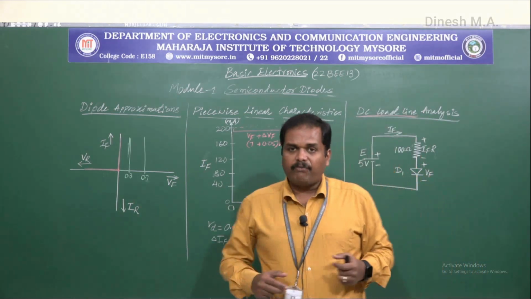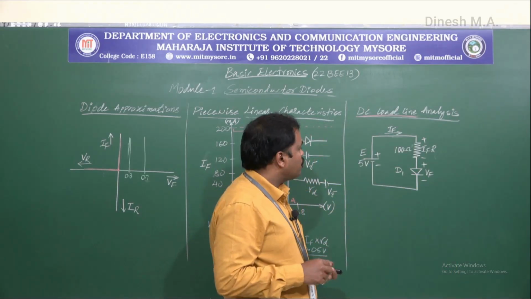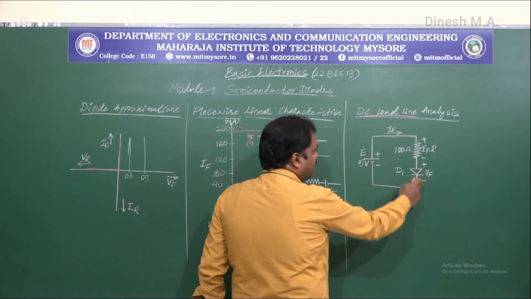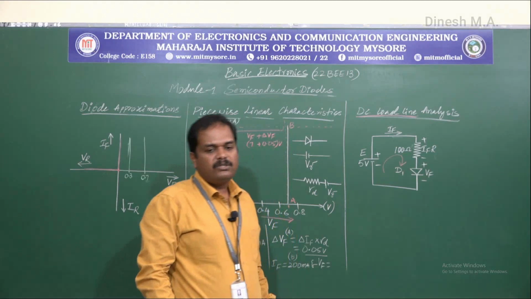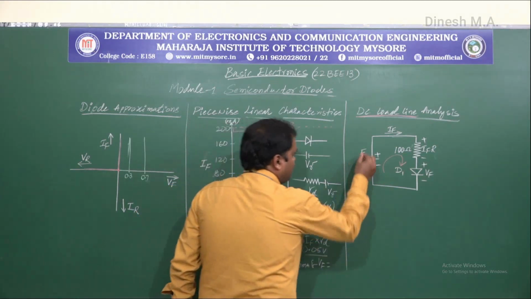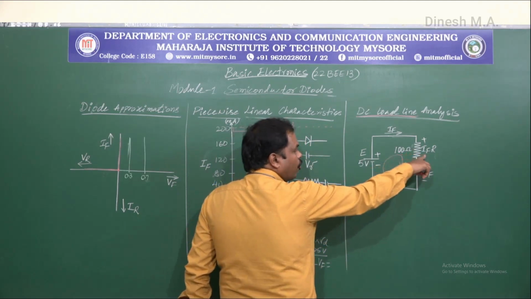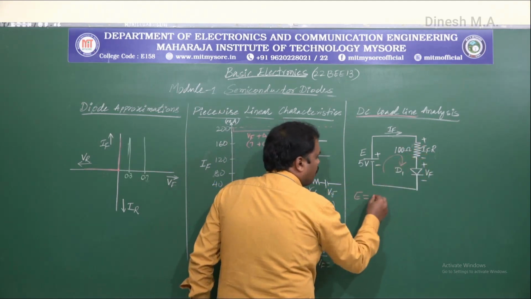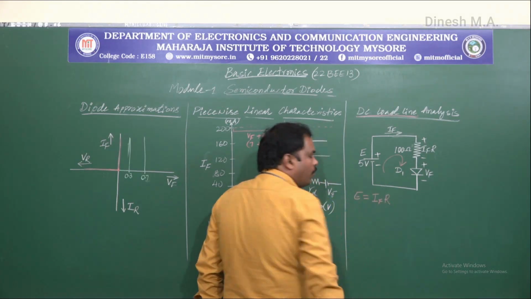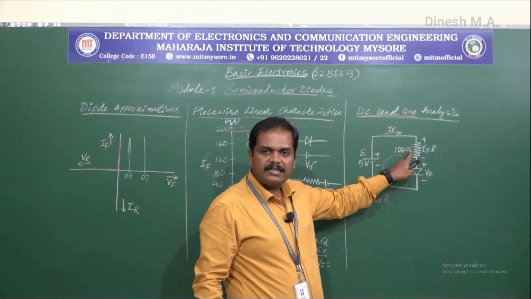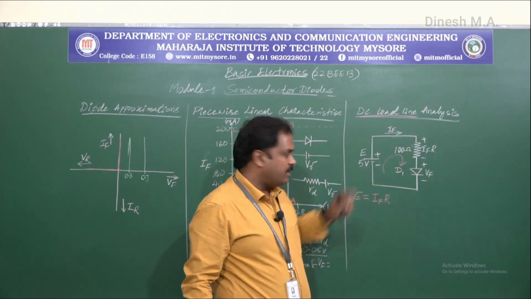Now in order to find out the DC values, as I just indicated, we use Kirchhoff's voltage law. So applying Kirchhoff's voltage law here for this loop, what we would have is E is equal to, so there is a drop across this resistance, which I'll consider as IF into R, and there is a drop VF across this diode.